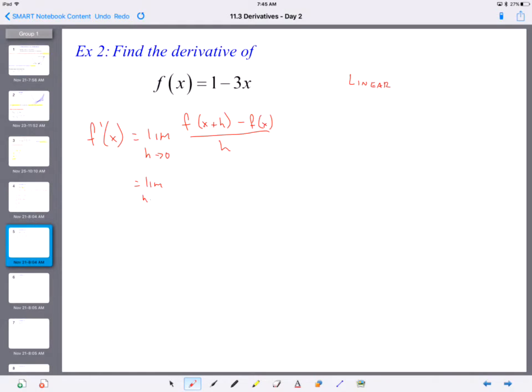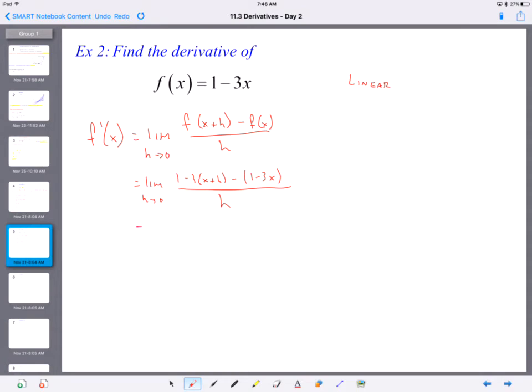And then you can go ahead and plug things in for f of x plus h. So the limit as h approaches 0, 1 minus 3 times x plus h. Once again, this right here and this are equivalent, minus f of x, which is 1 minus 3x, all over h.